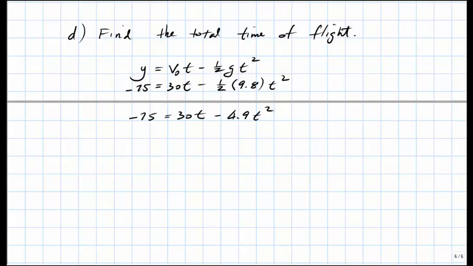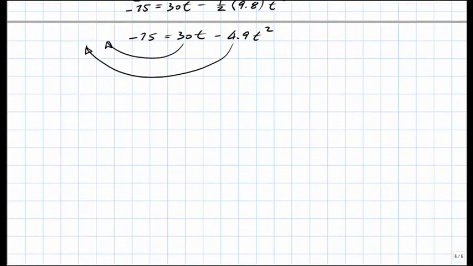What I'll do next is, in order to use the quadratic formula, we need to have everything on one side and a 0 on the other. So what we'll do is transfer the 30 over to the left-hand side. We'll also transfer the negative 4.9 to the left-hand side. And here's what we get.